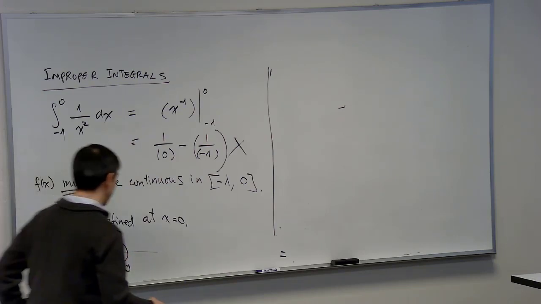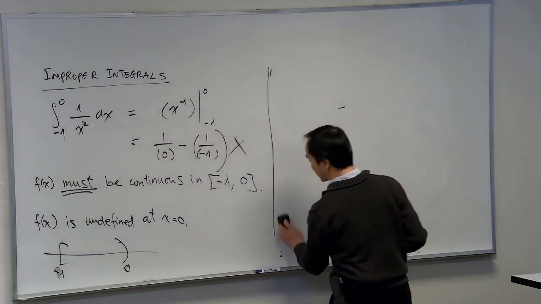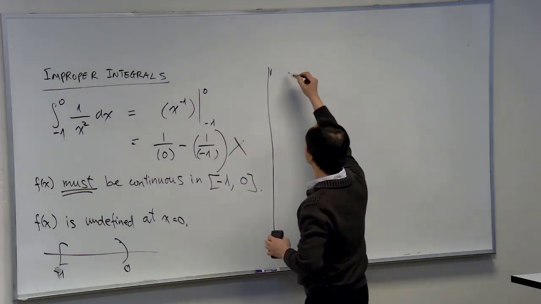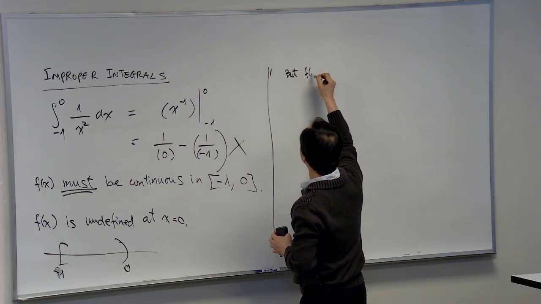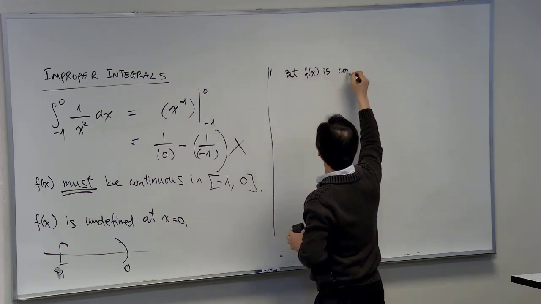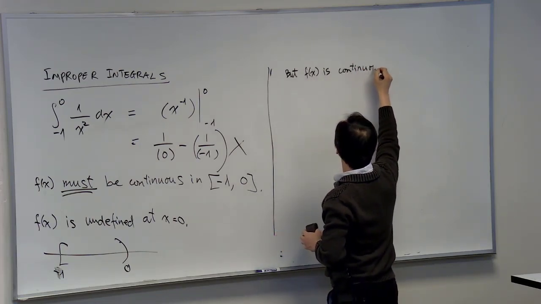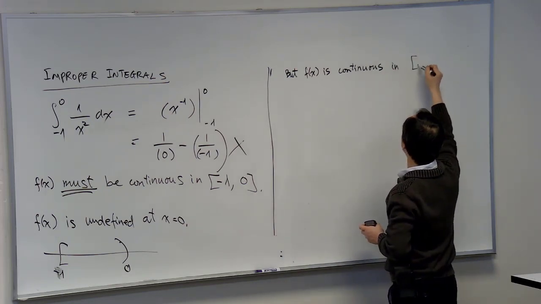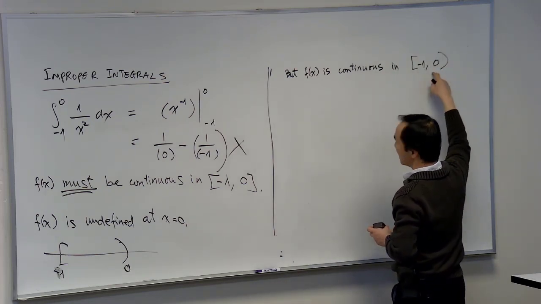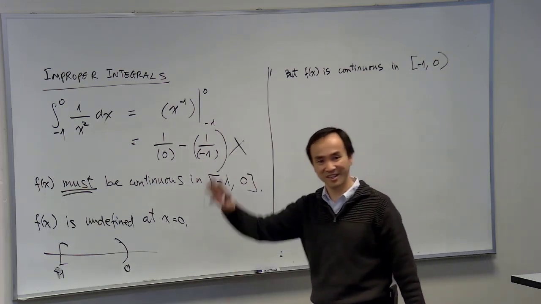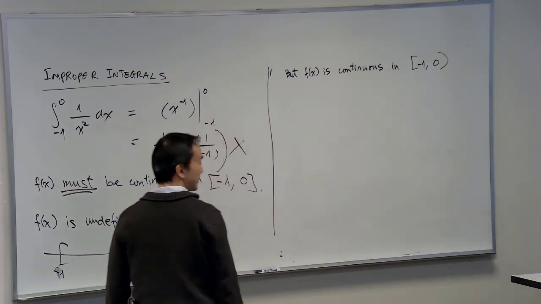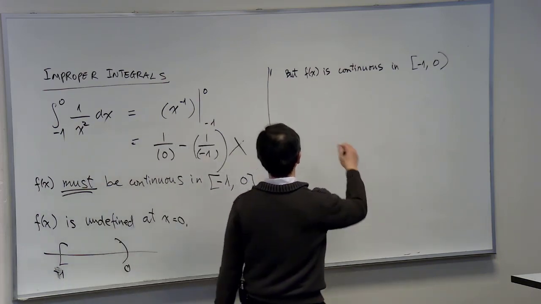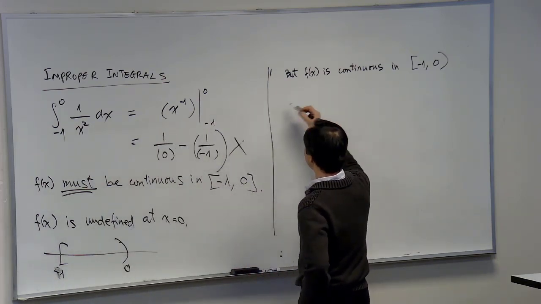So f(x) is continuous in the interval from -1 to 0, but half open, and that right end is the open end. In that case, we can produce the following work here.